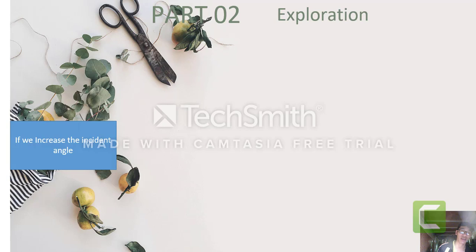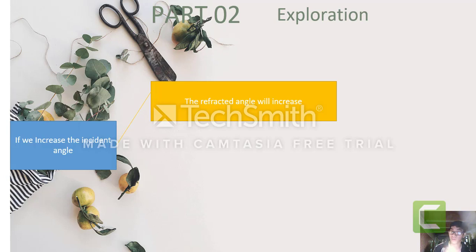Some students can say that it also increases. So when the incident angle increases, the refracted angle increases, and maybe the values are directly proportional.